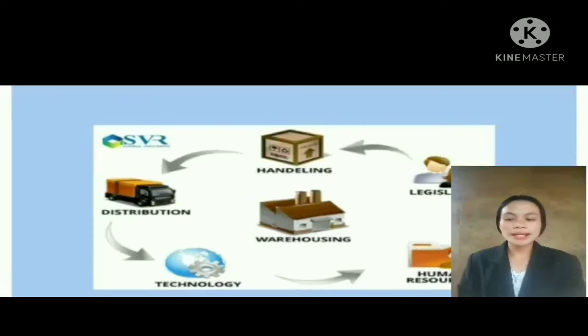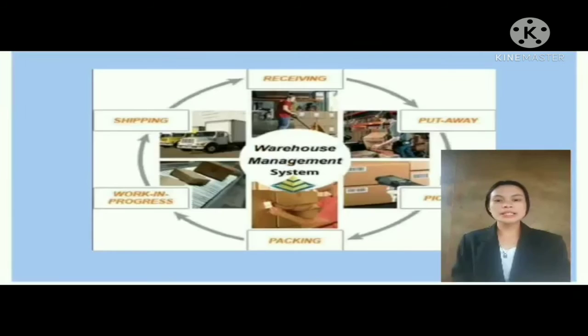Example of warehousing: handling to distribution, distribution to technologies, technologies to human resources to legislations, and back to handling. So, example of warehouse management system: from packing to work in progress to shipping to receiving to put away to picking and back to packing.